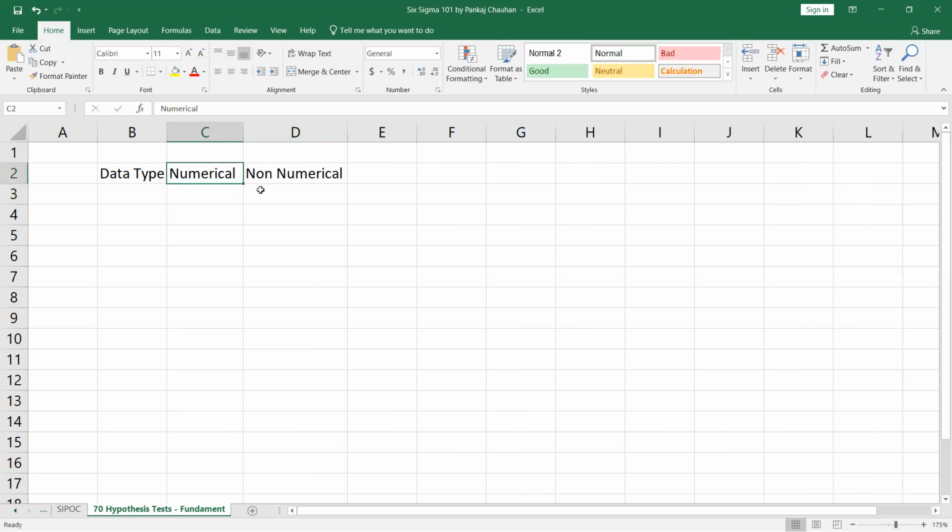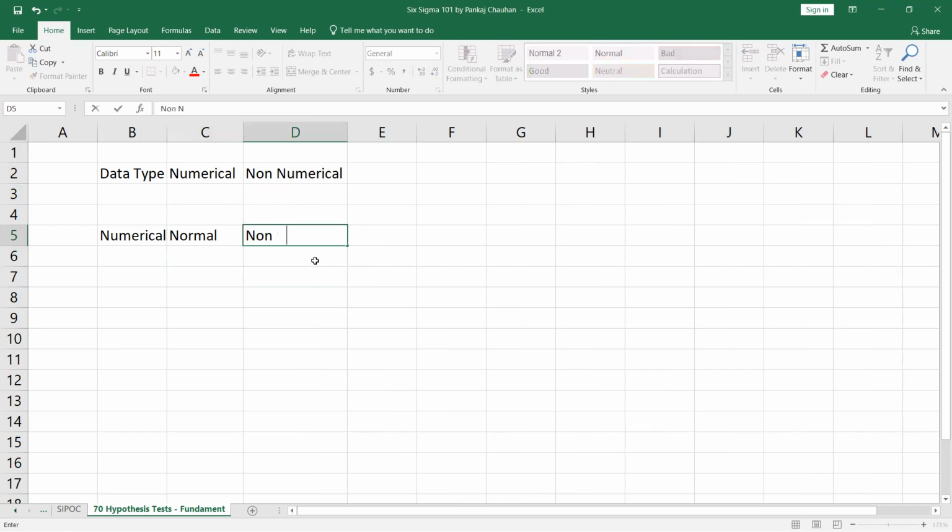Once you have identified your data, and suppose it is numerical data, then you will check whether the numerical data is normally distributed or non-normally distributed. Normality of the data you have checked. If data is normal or not normal, we'll keep that in mind.